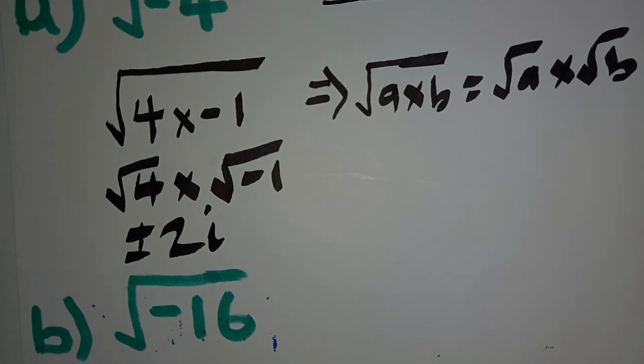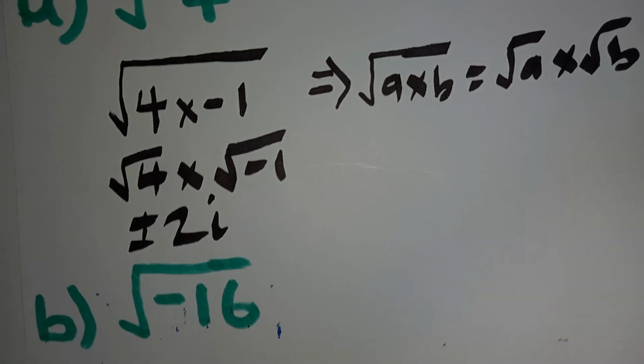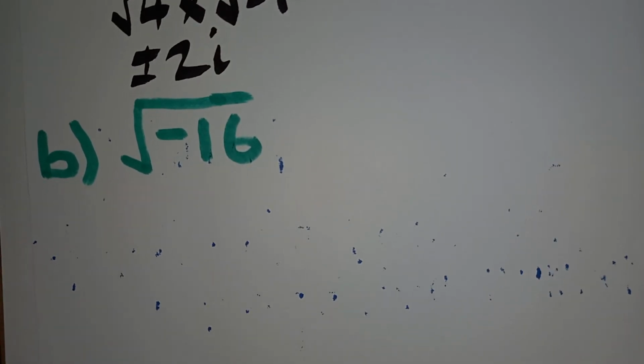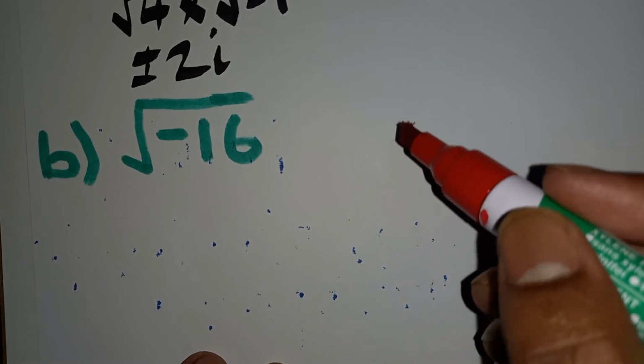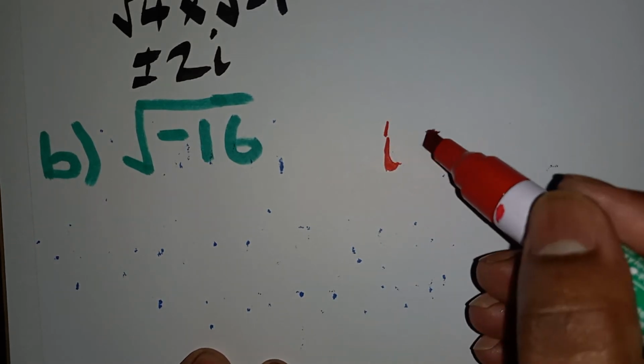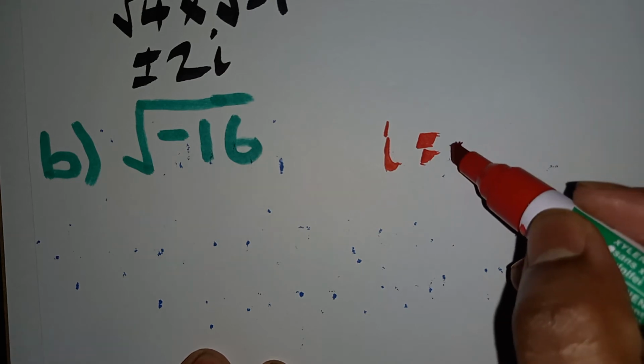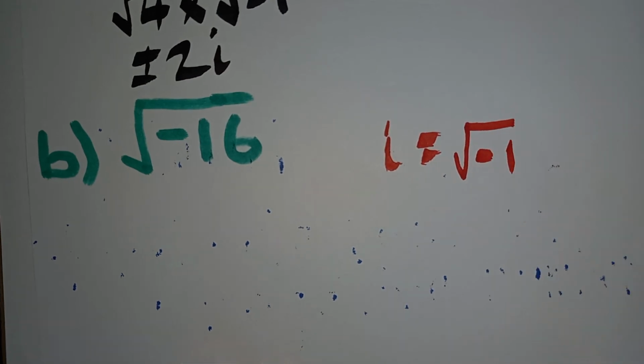Okay, let's do this one: square root of negative 16. So again our value of i is root of negative 1.